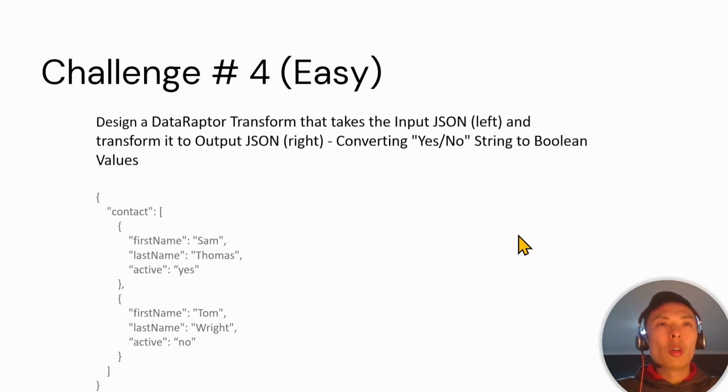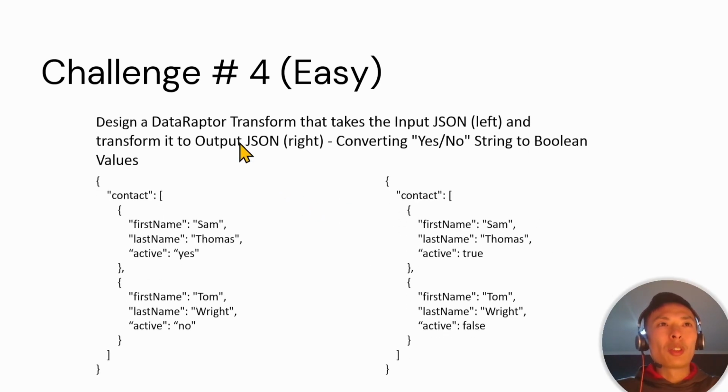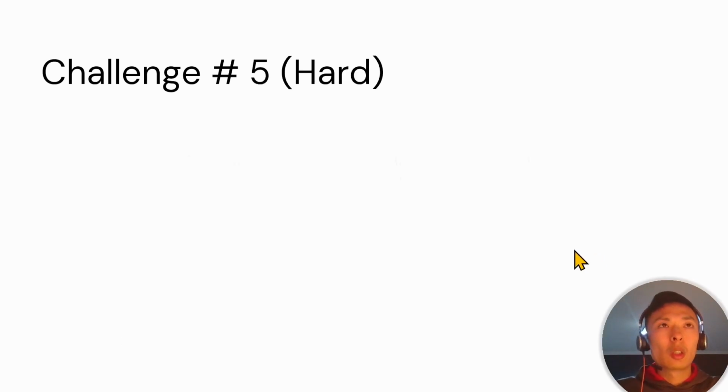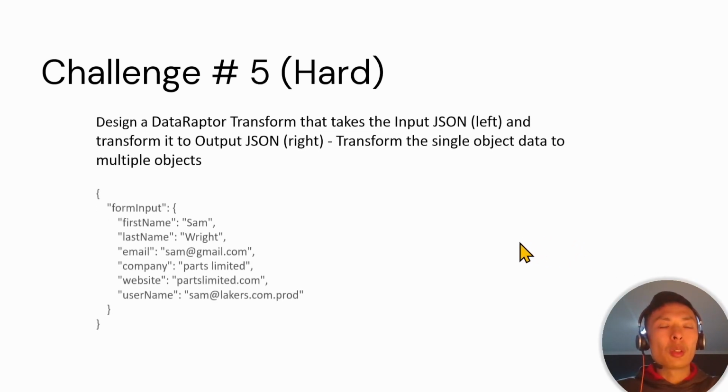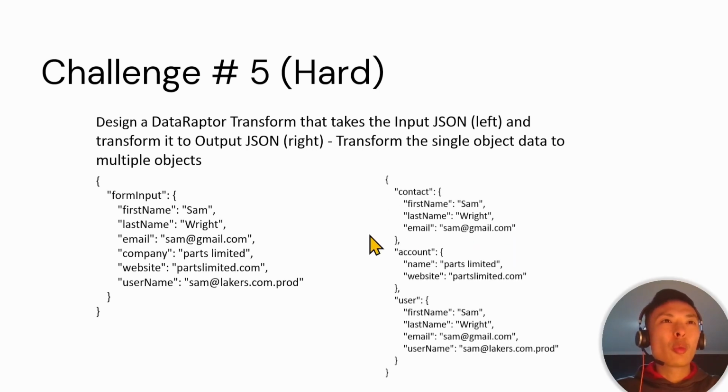Challenge number 4. We want to design a DataRaptor transform that can convert the yes and no string into Boolean values, true and false. Number 5, this is a more challenging one. We want to transform a single object data into multiple objects.